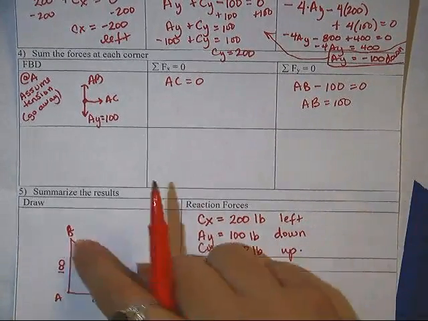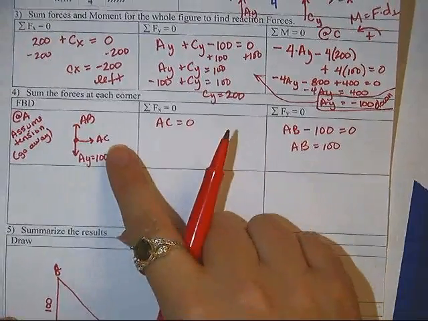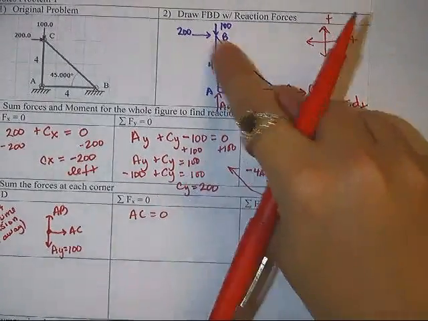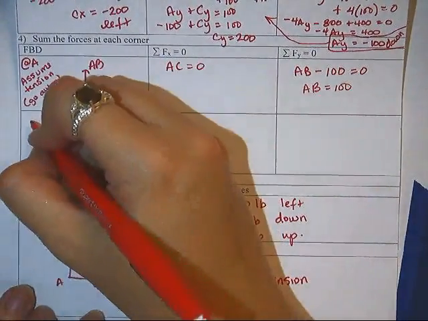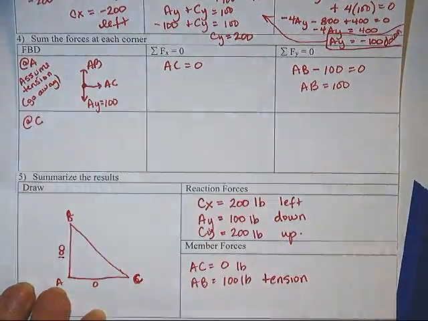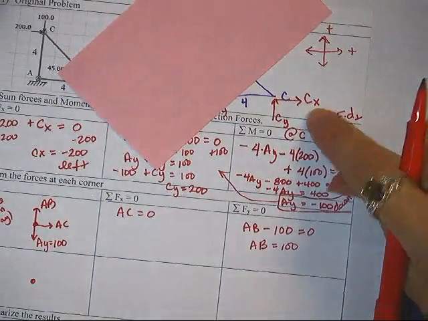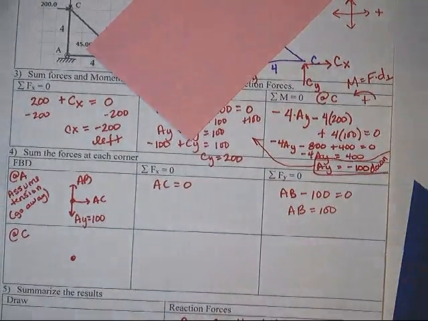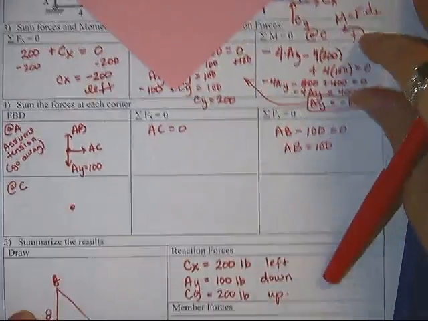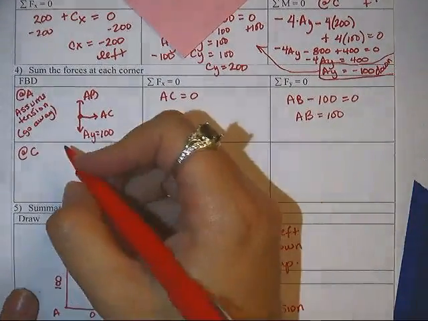Now in order to find the missing side here, I'm going to have to do another point, because point A doesn't know anything about this side over here. So to find the last side, I would have to choose another point like at C. Now we're just considering what's happening here at C. Well, I have two reaction forces there. CX, I found earlier, is going 200 to the left.